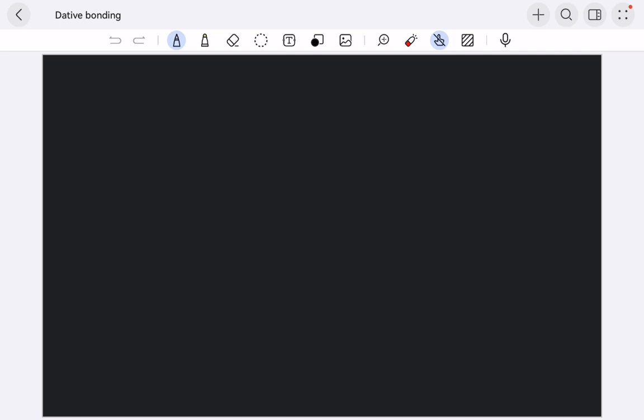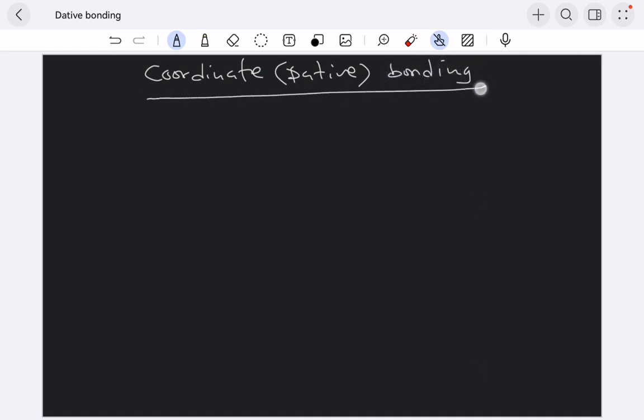In today's lesson, we are going to learn about coordinate, which is also known as dative bonding. So what is coordinate or dative bonding?